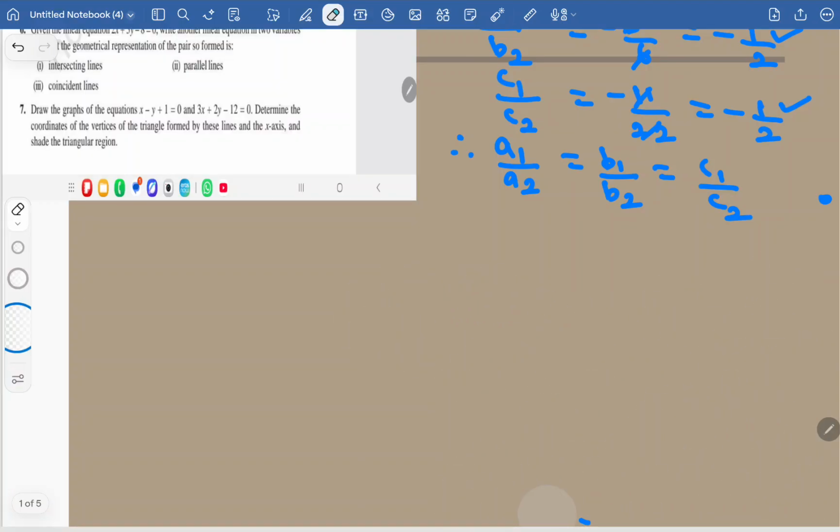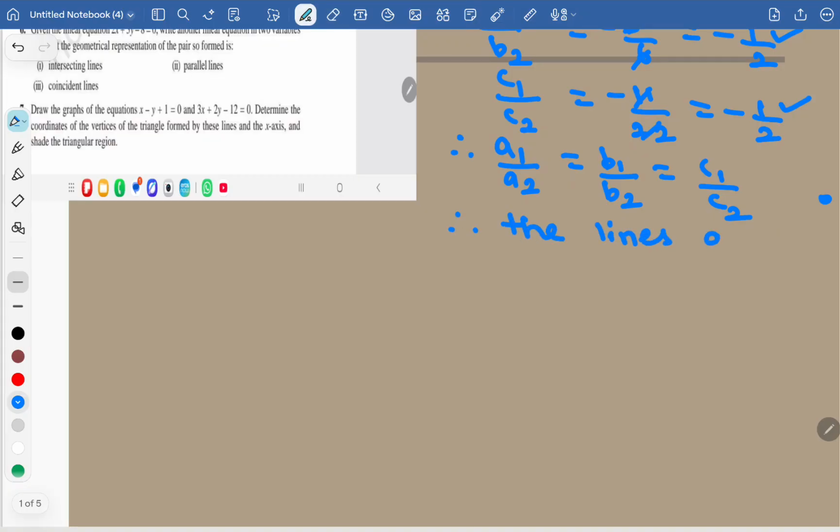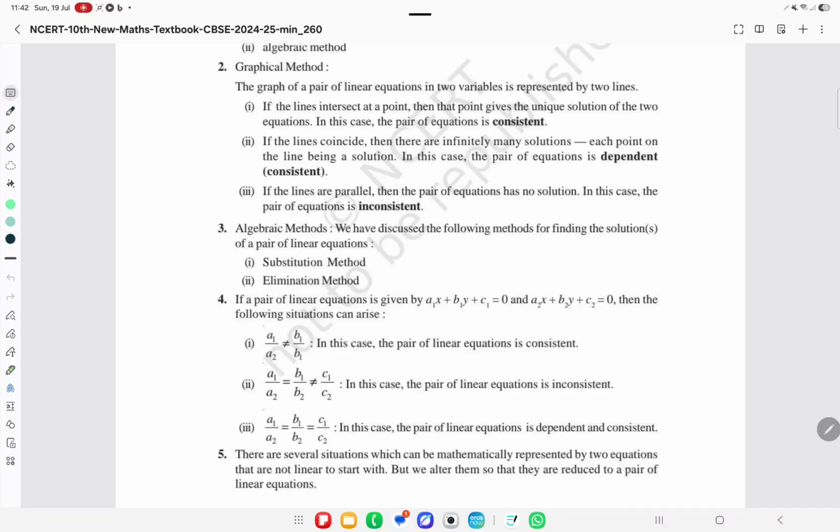We can say the lines are coincident. Why am I saying the lines are coincident? Because all are equal.